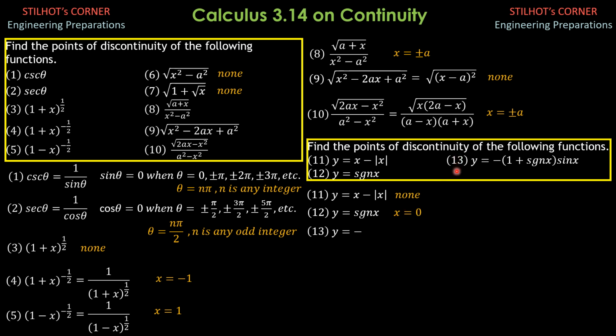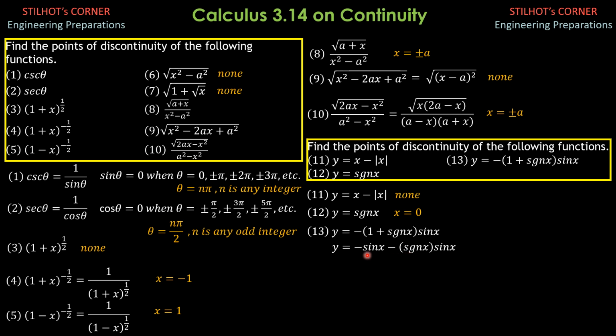Then number 13, let's simplify that into negative 1 times sine x, so negative sine x minus signum of x, sine of x. Then when x is negative, x is less than 0, signum of x is negative 1.